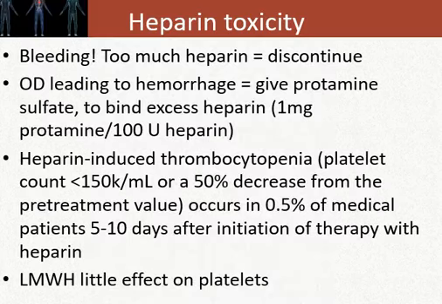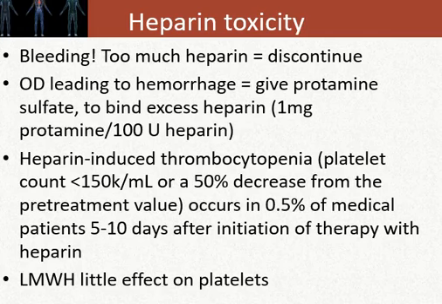Okay, so of course, in terms of toxicity for these heparin molecules, the main toxicity is going to be too much bleeding, right? So too much heparin means the patient's going to bleed, the coagulation cascade is severely restricted, and so you discontinue the drug. Okay, and now if the overdose is so severe that the bleeding is not stopping, or they're losing too much blood, or they're hemorrhaging, there is an antidote to heparin, and it's protamine sulfate.